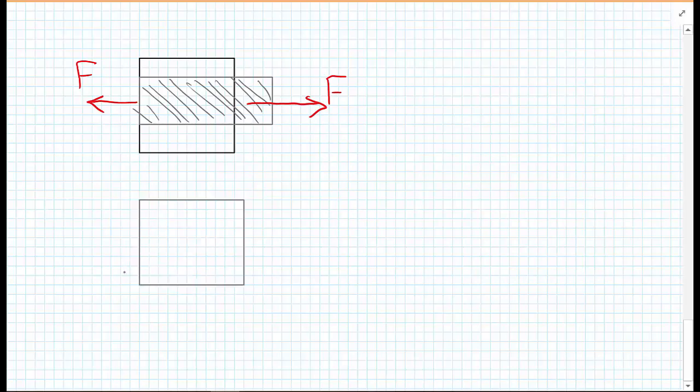So take the same situation again, same block of material. And now if we apply just a force on the left hand side, all that this will do is cause the block to rotate, especially if we fix it at some point. It will just cause the block to rotate, but it won't have any change in its shape whatsoever.